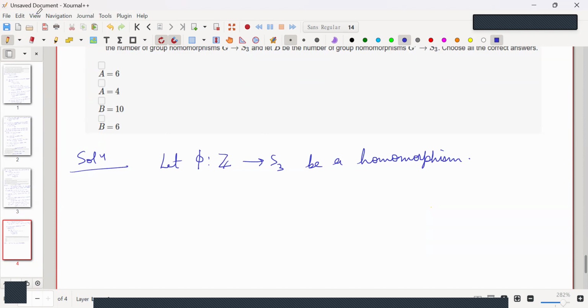Yes, sir. So this is because let phi be a homomorphism. If we know phi of 1 bar, then phi is completely determined.